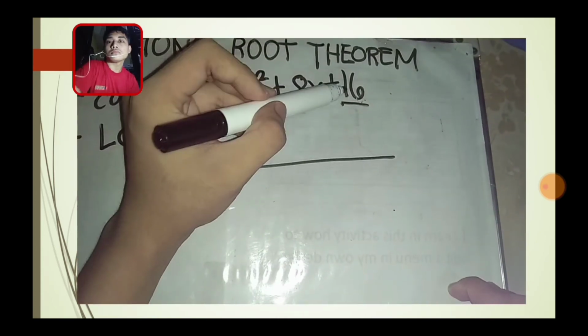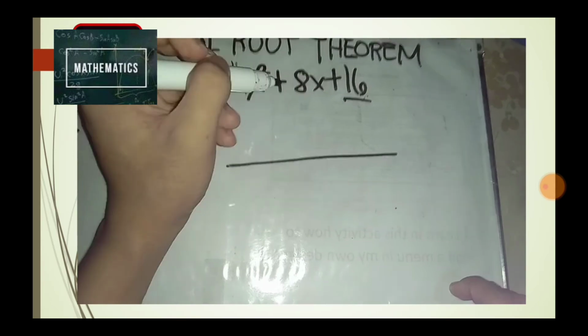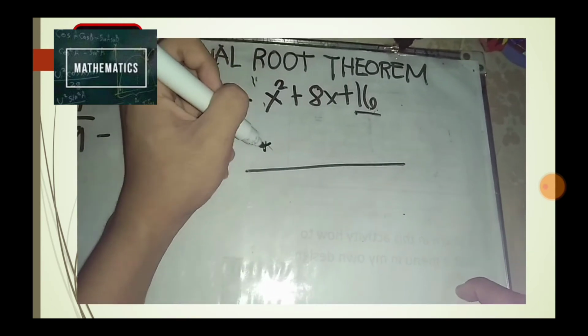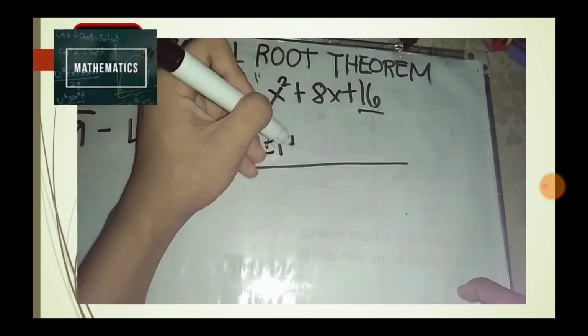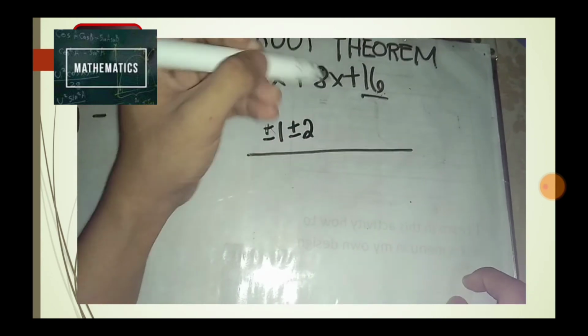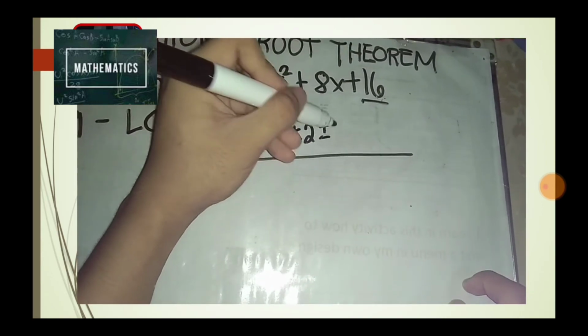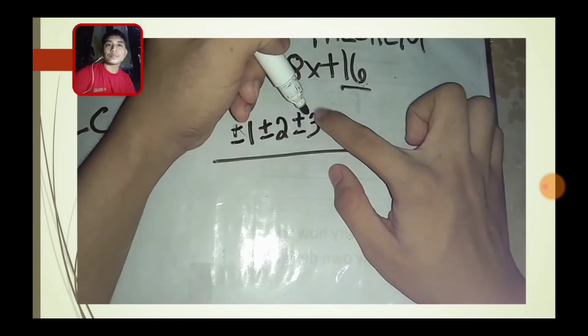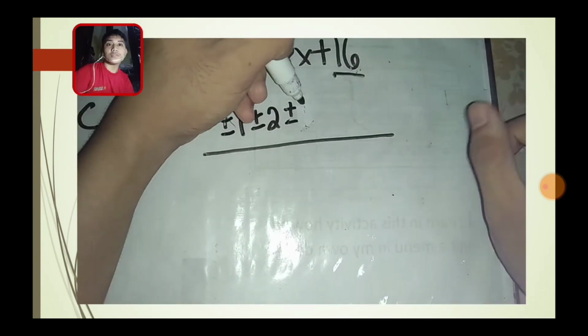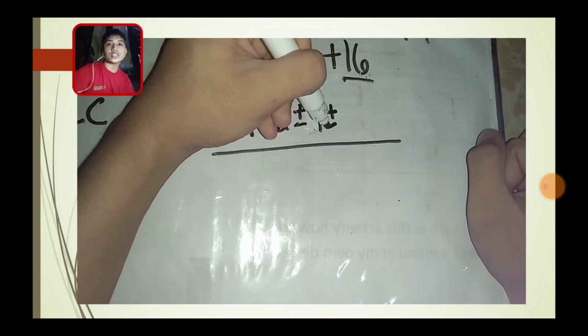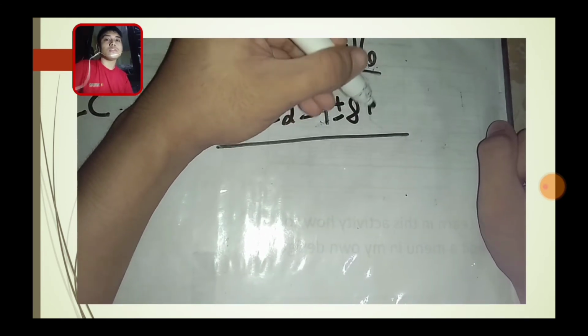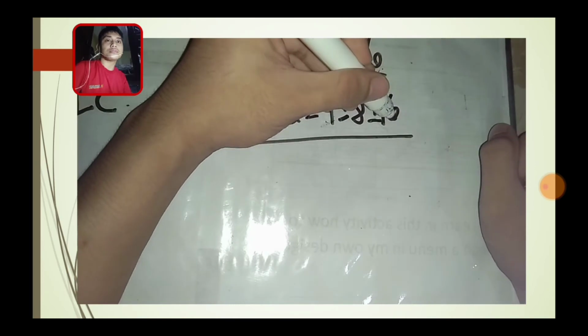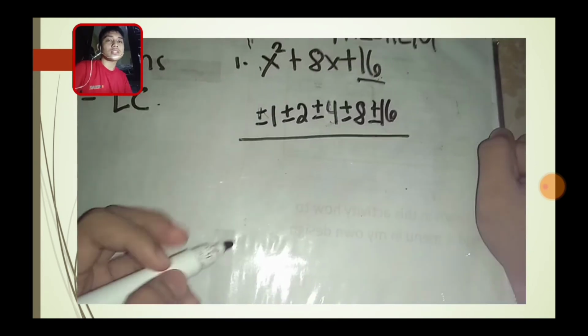So, first, we find the factors of 16. We have positive negative 1, positive negative 2, positive negative 4, positive negative 8, and positive negative 16. Why?